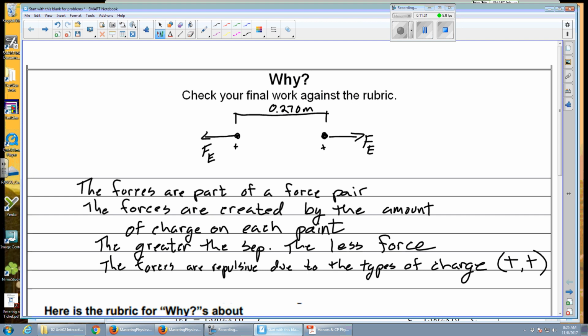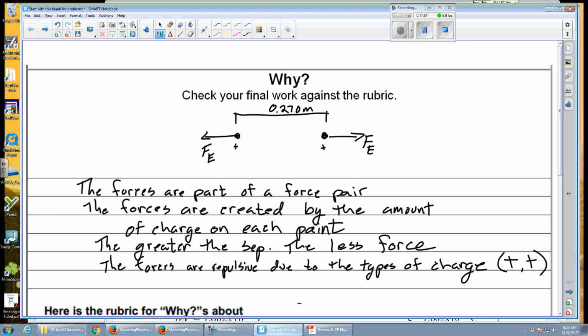How many people had something like that for their Y? Good, good. That's what I would expect for a full credit Y, showing all that understanding. All right?